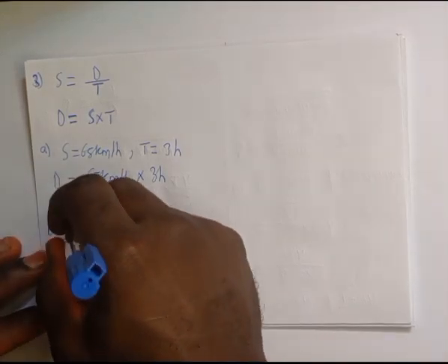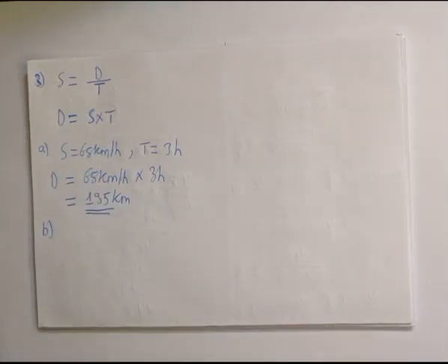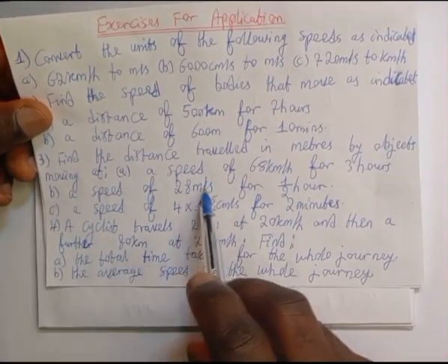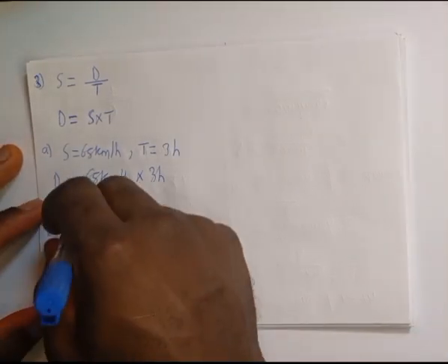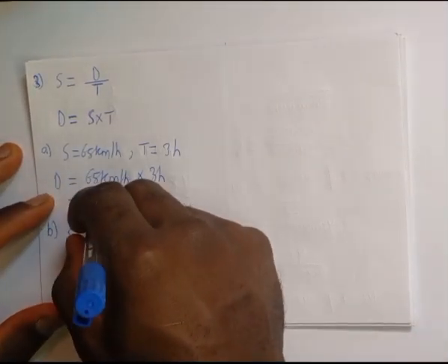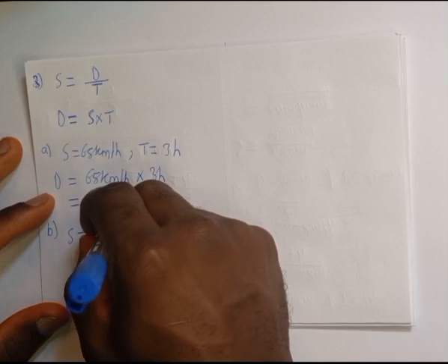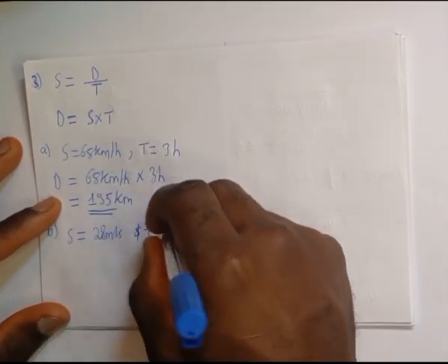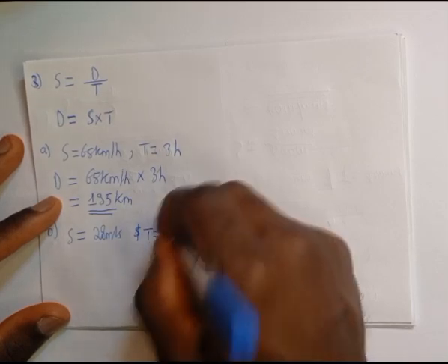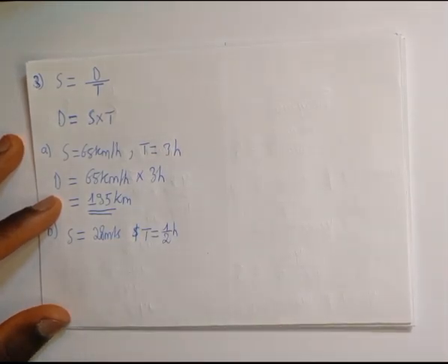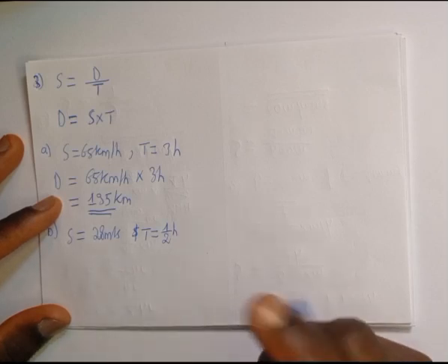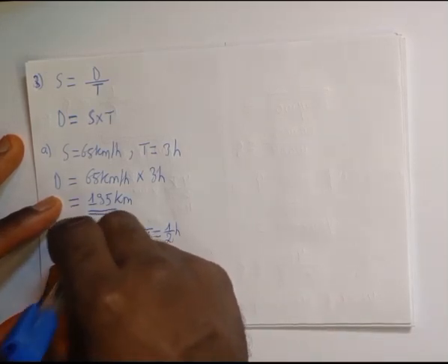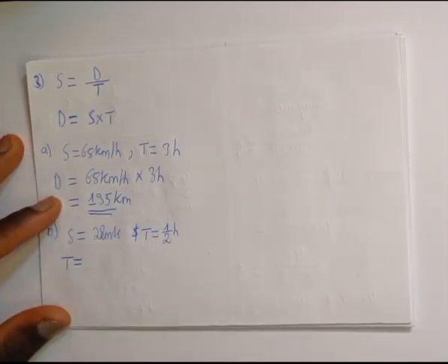For question B, the object travels at a speed of 28 meters per second for a half hour. Speed of the object is 28 meters per second, and the time taken t is equal to a half hour. First, we are going to start by expressing the time taken in seconds. T is equal to a half hour. We know an hour is equal to 60 times 60 seconds.